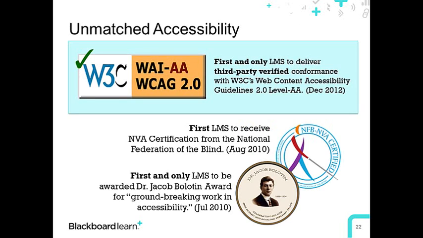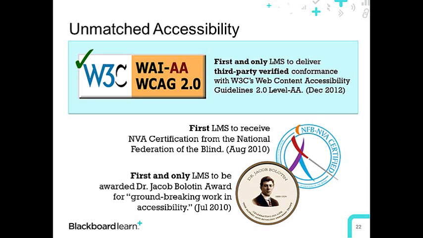So Blackboard as a learning management system has really in the market unmatched accessibility. We are the first and only learning management system to deliver third-party verified conformance with W3C's web content accessibility guidelines. And W3C is the World Wide Web Consortium, and it's an international community that develops open standards that ensure long-term growth of the web.